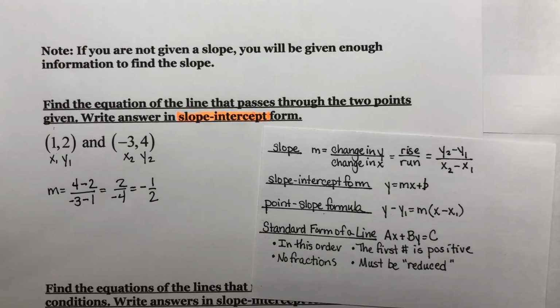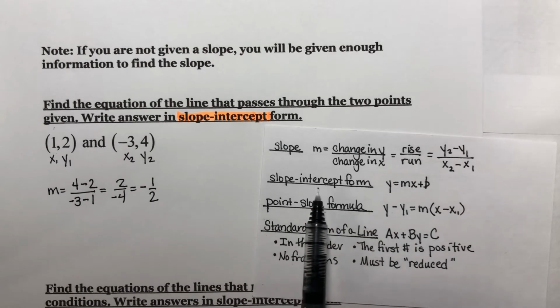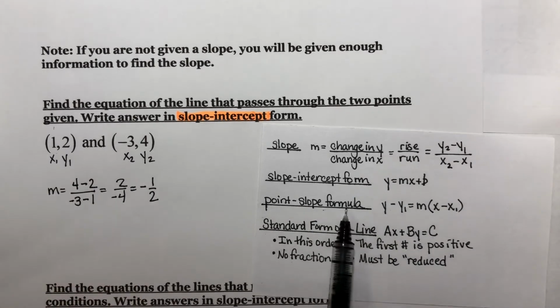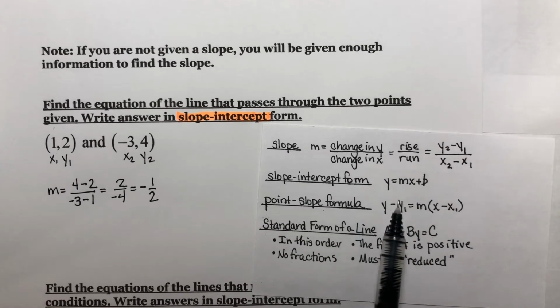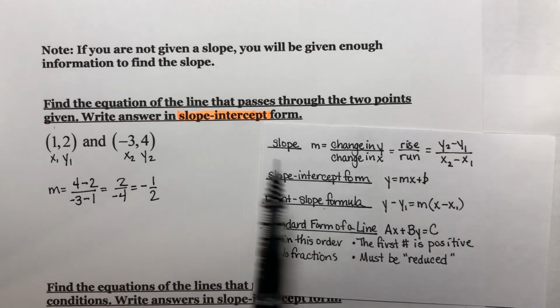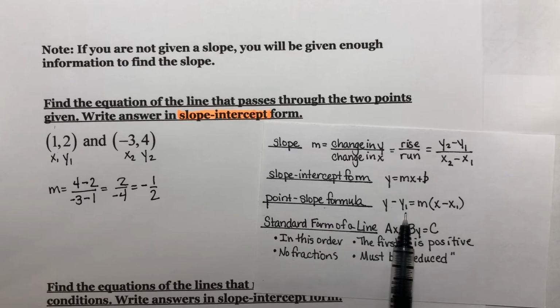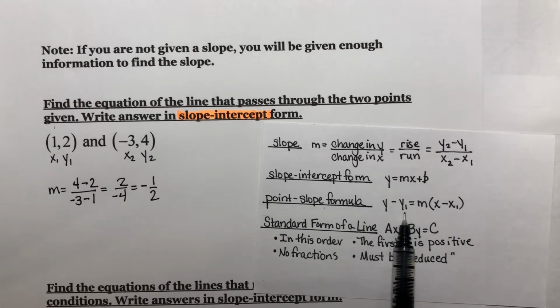Okay. So now I have a slope, so I could use one of these, but I can't use this one because I'm not given the y-intercept. I'm going to have to use this one. Now you might be wondering, how do you know which of the 2 points to use for your x1 and your y1? The truth is, it does not matter one tiny little bit.